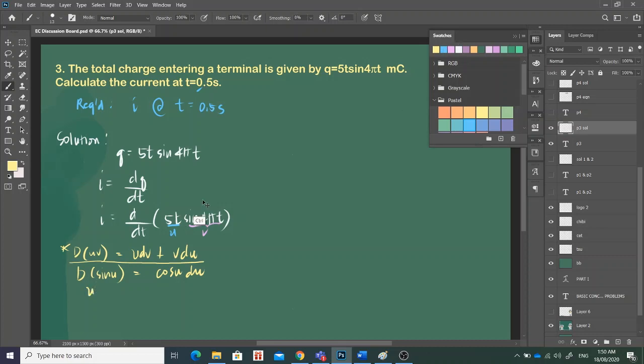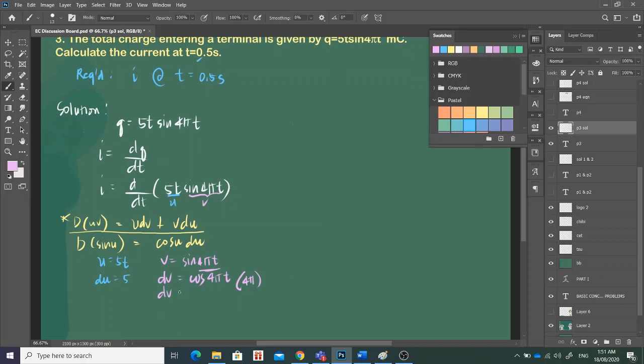U is 5t, and then ang derivative niyan ay 5 kasi derivative of 5t is 5 dt over dt, kaya 5, and yung ating v is sine 4 pi t. Okay, derivative niyan is cosine 4 pi t, and then i-differentiate din natin ulit yung u niya, which is 4 pi t. So 4 pi, constant kasi, 4 pi dt over dt, kaya 4 pi, so dv is equal to 4 pi cosine 4 pi t.